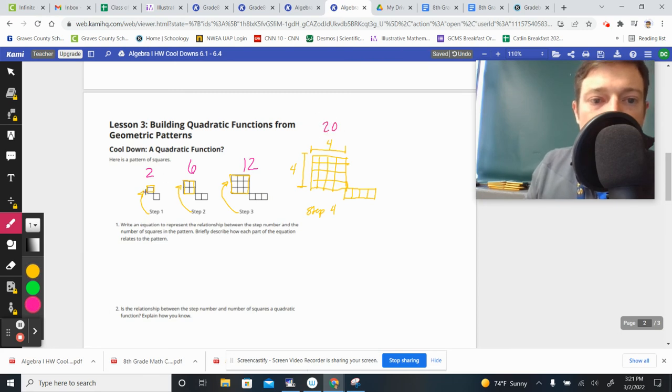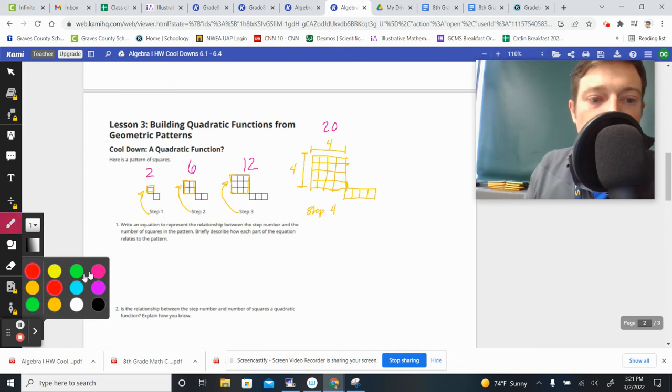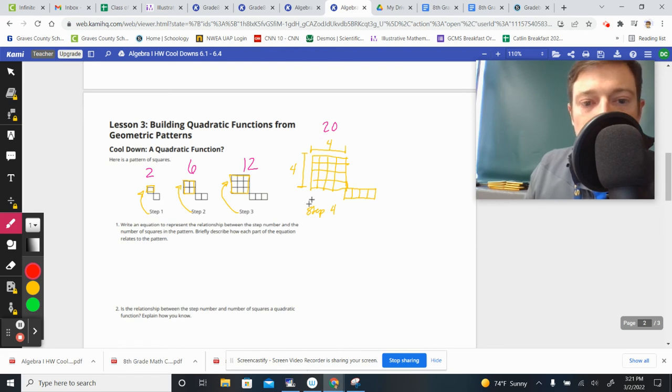So we can see that the growth is plus 4, plus 6, plus 8. It's growing in a nonlinear fashion. It's not multiplied by the same thing, but this is the nature of a quadratic because of the square aspect. So the equation that we see for this is, to find the value in the pattern, you take the step, whatever it may be, we'll call it n, and you square it, you multiply it by itself: 1 times 1, 2 times 2, 3 times 3, 4 times 4.